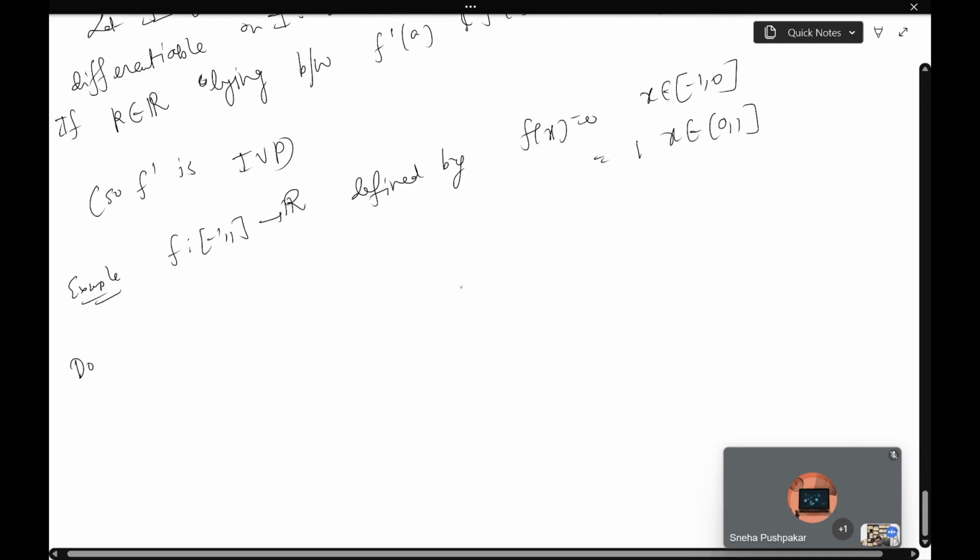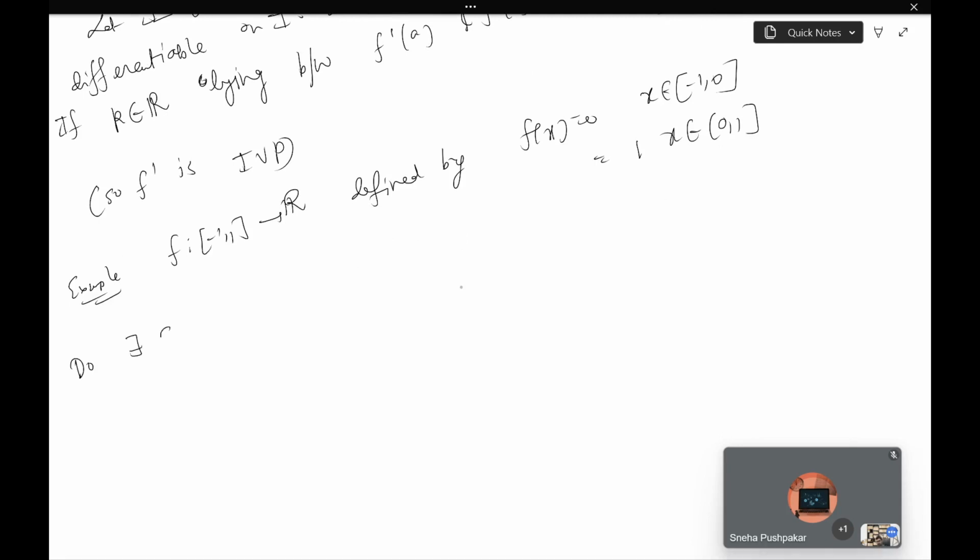We need to check whether there exists a function g such that g'(x) is equal to f(x) for x in [-1, 1]. So using the Darboux theorem, please try to solve this.